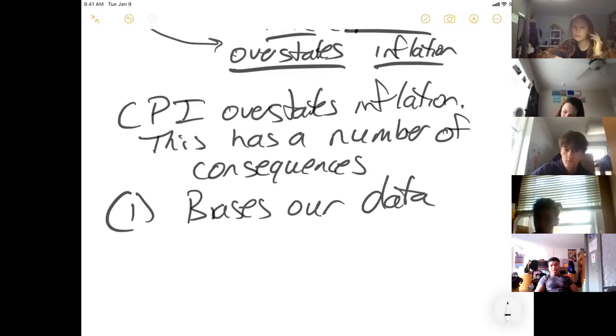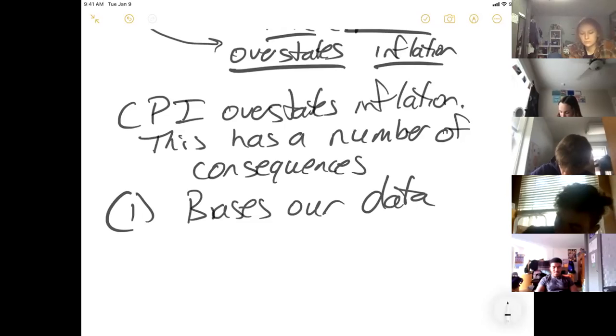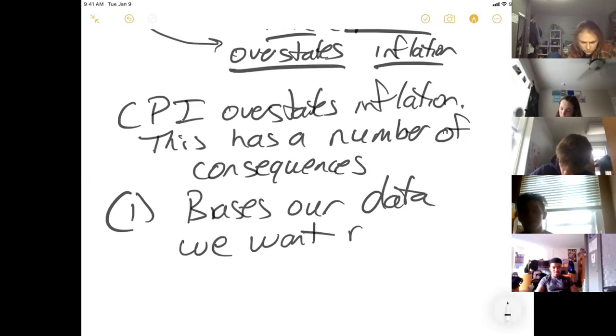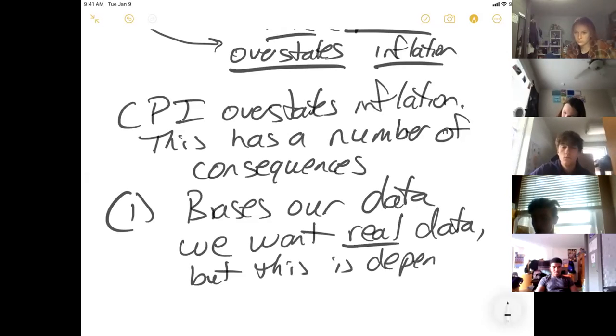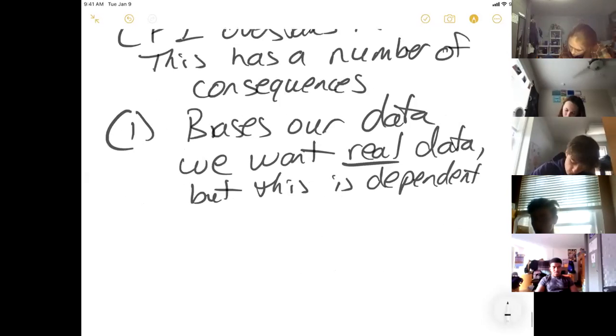And so the fact that we know that this is a problem with the way that we measure data creates problems. We want to have real data. But this is dependent on having good inflation data.